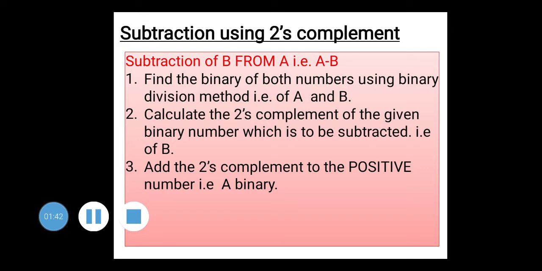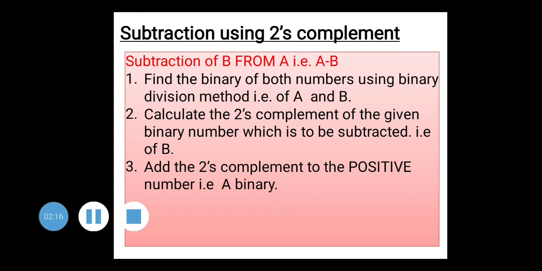The 2's complement of a number is found by first converting the given binary into its 1's complement form, that is, replace 0 with 1 and 1 with 0. After getting the 1's complement, add binary 1 to it. Whatever result you get is the 2's complement of the given binary number. So calculate the 2's complement of B. This is very important to remember.